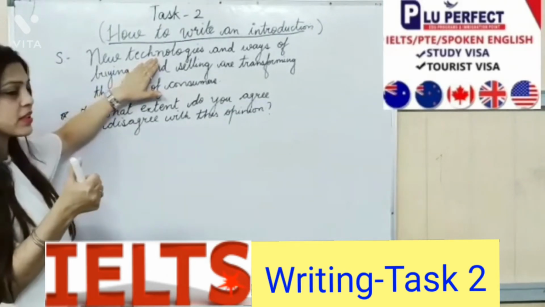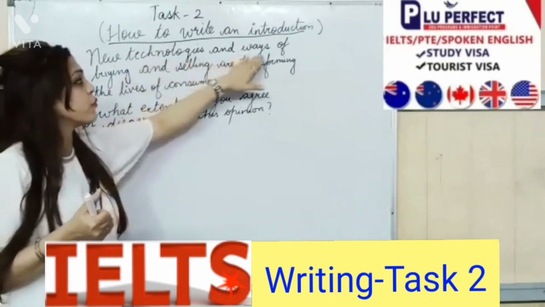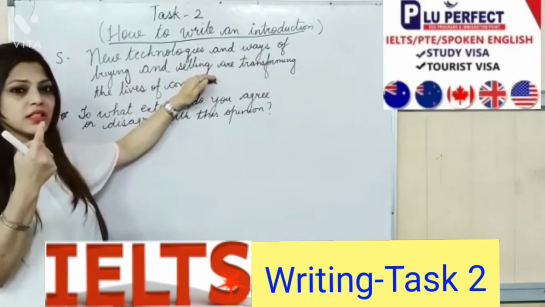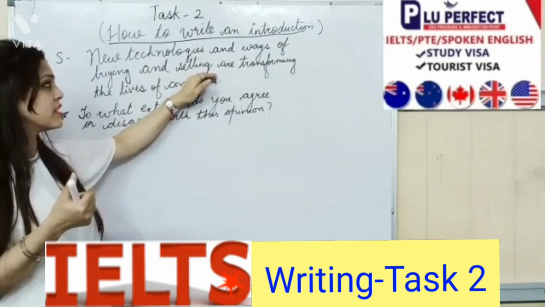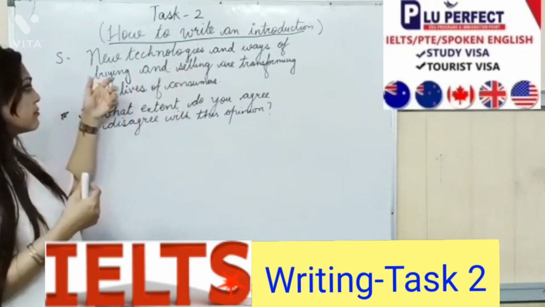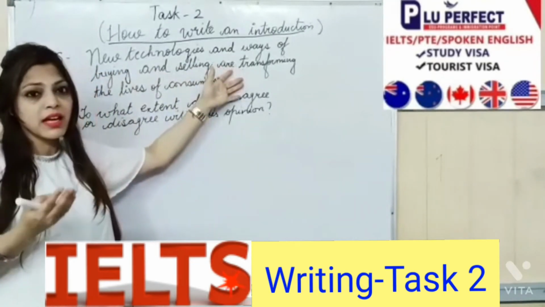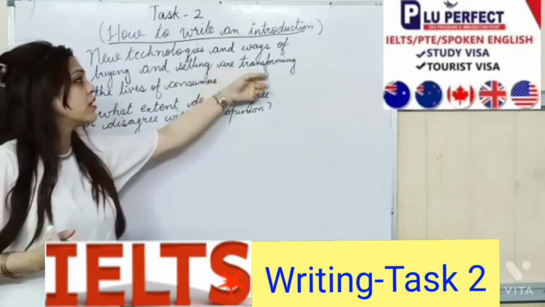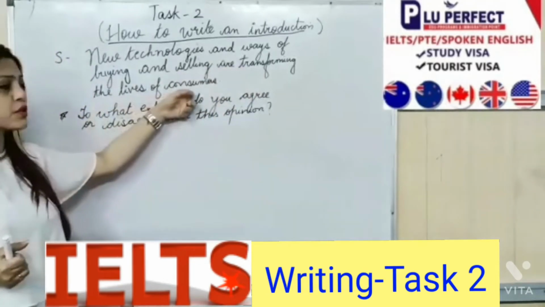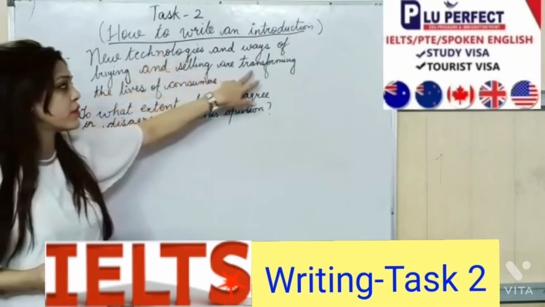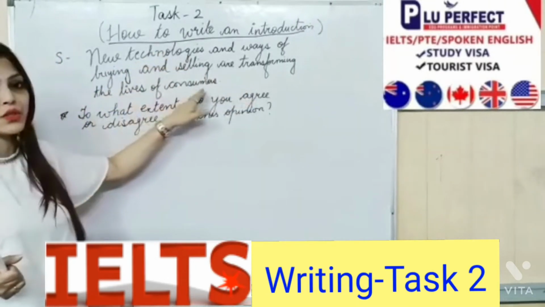The second factor is ways of buying and selling. What do we buy and sell? We buy and sell things, right? These are transforming the lives of consumers. So these two reasons are responsible for transforming the lives of consumers.